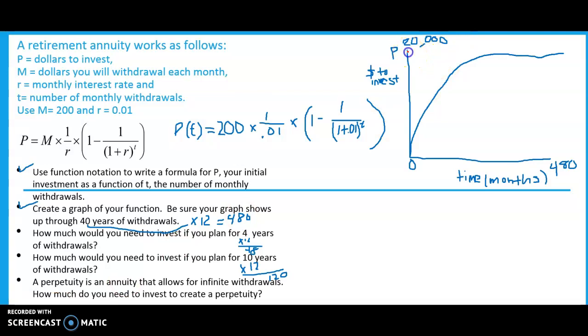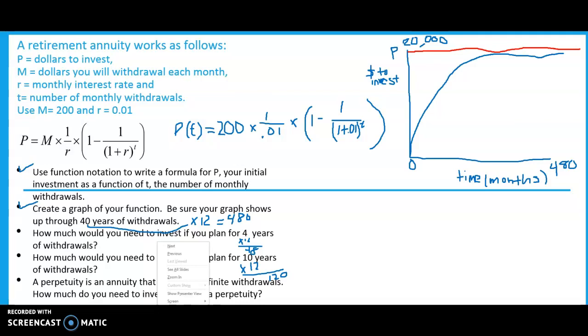So my glass ceiling appears to be about here, and I should have a perfectly horizontal line, but I didn't get it quite straight. So this graph obviously comes up and it comes against this line, and I want to know where is that line? What is that amount that if I put something in this account, I can always withdraw? The interest will cover the withdrawals.